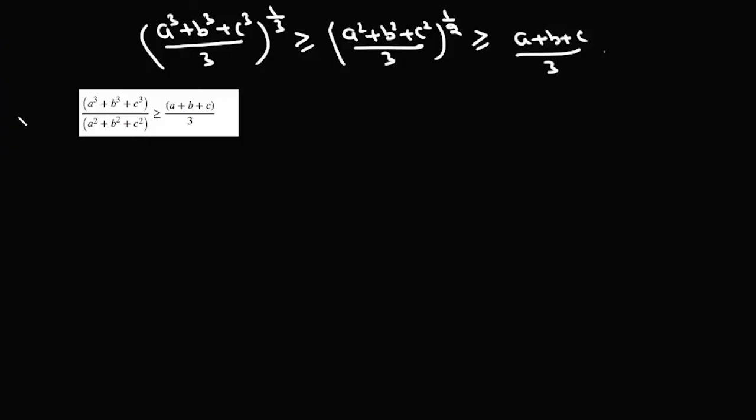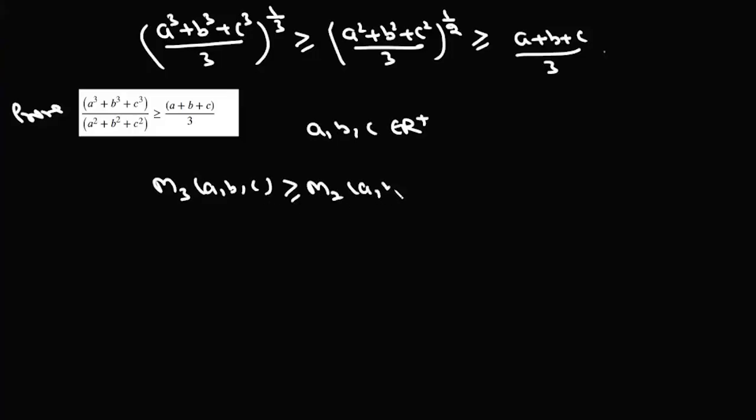Now let us take another example, and here we have to prove that (a cube plus b cube plus c cube) upon (a square plus b square plus c square) is greater than or equal to (a plus b plus c) by 3. Now again for this, we'll take 3 positive real numbers a, b, c, and again we know M3(a,b,c) is greater than or equal to M2(a,b,c).